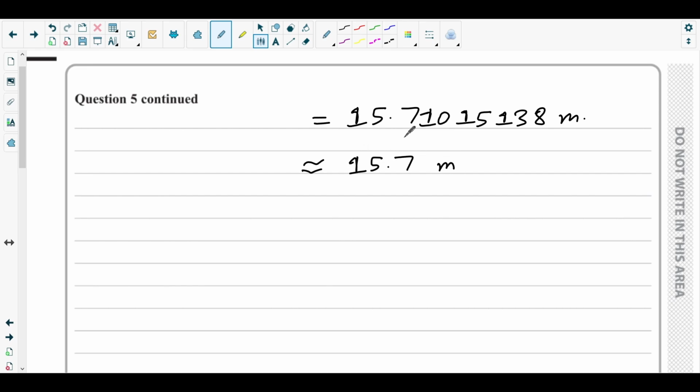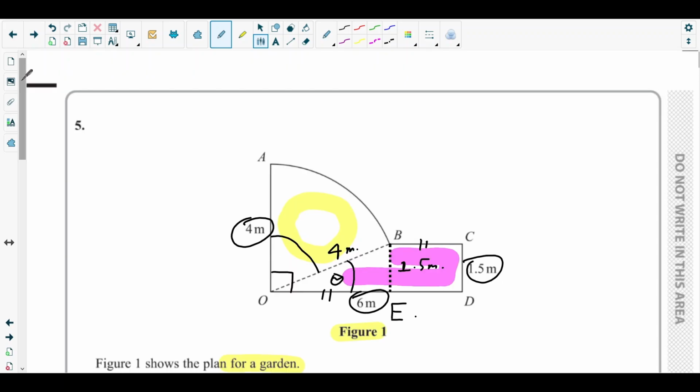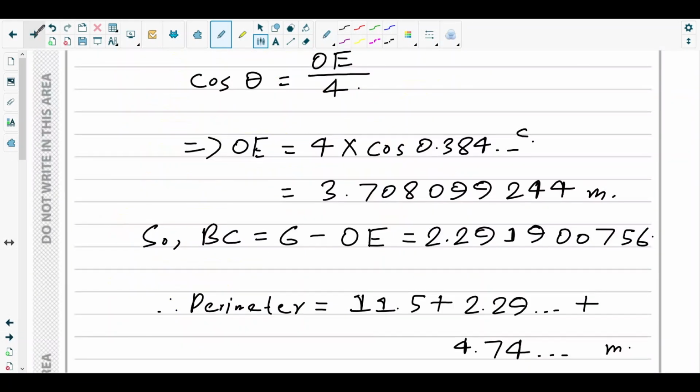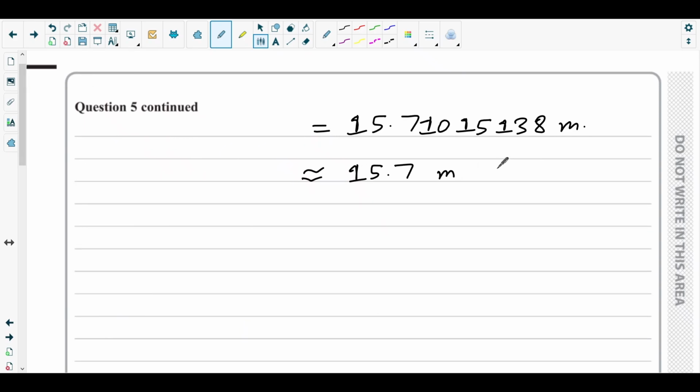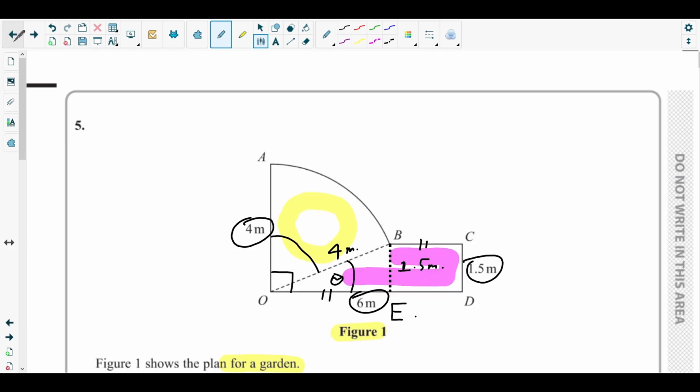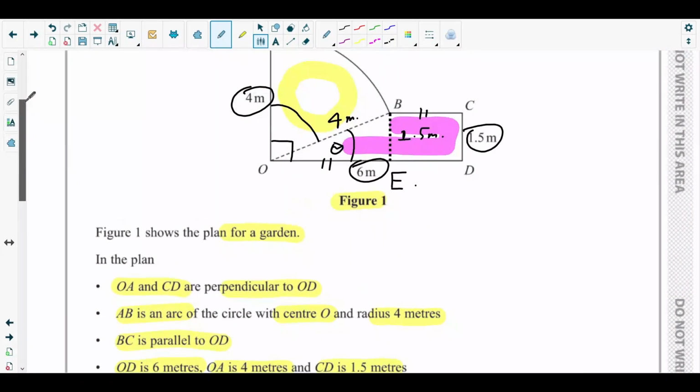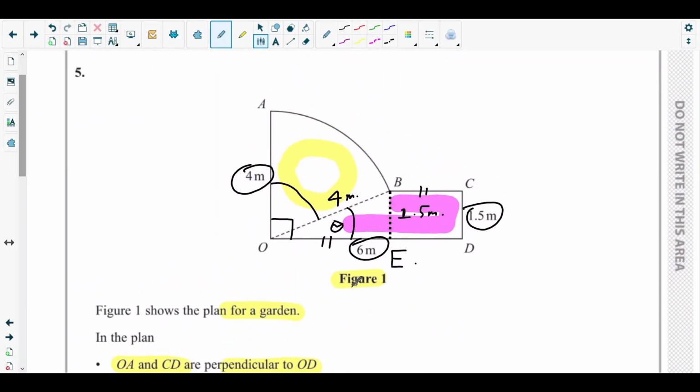Did they ask for three significant figures or anything else? Okay, three significant figures, fine. So 15.7 up to three significant figures. That's the answer for part C of question number 5, and that's the end of question number 5 from the May 2023 P1 paper.